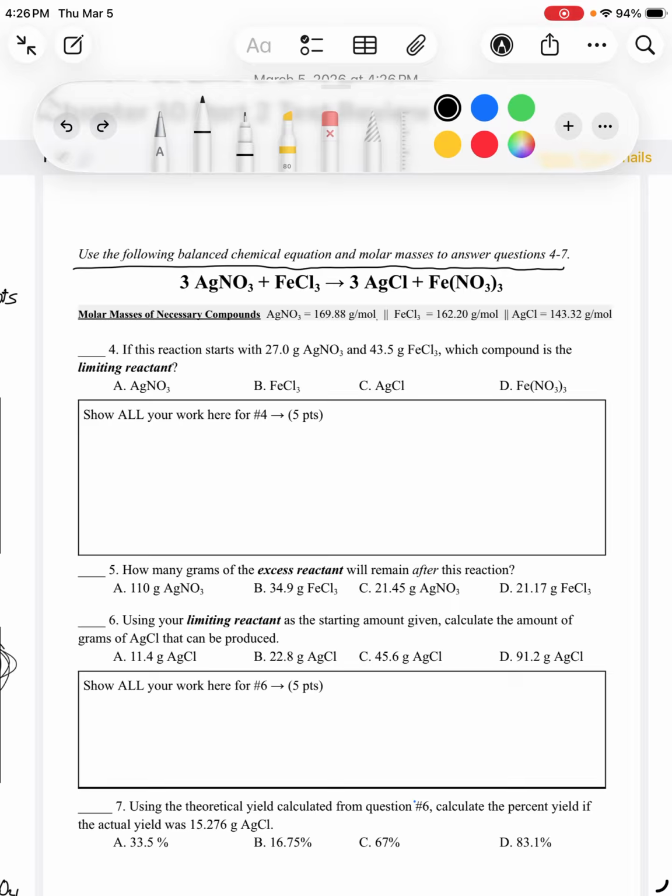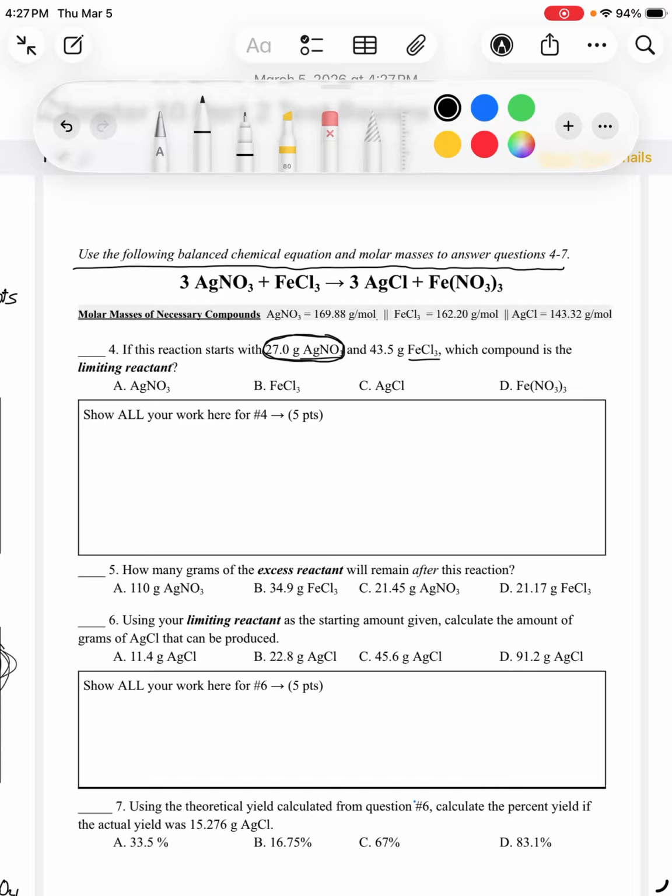If this reaction starts with 27.0 grams of silver nitrate and 43.5 grams of iron chloride, which compound is the limiting reactant? In these cases, remember, the key phrase is you want to turn what you're given into the units of your other reactant.